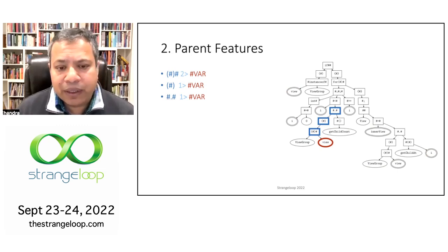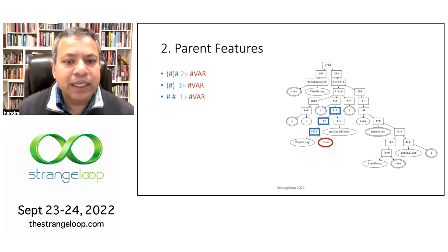So we look at where the token was hanging, and we look up at, say, in this case, 3 levels of ancestors, and we capture the syntactic node type of each of those ancestors, and we record whether this leaf was the left child of that interior node type or the right child. So that information is shown in these 3 features on the bullet list on the left of this page.